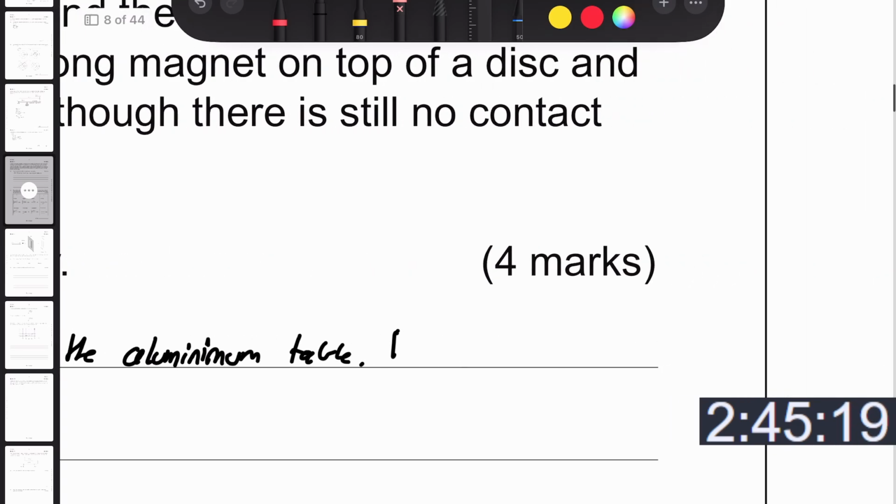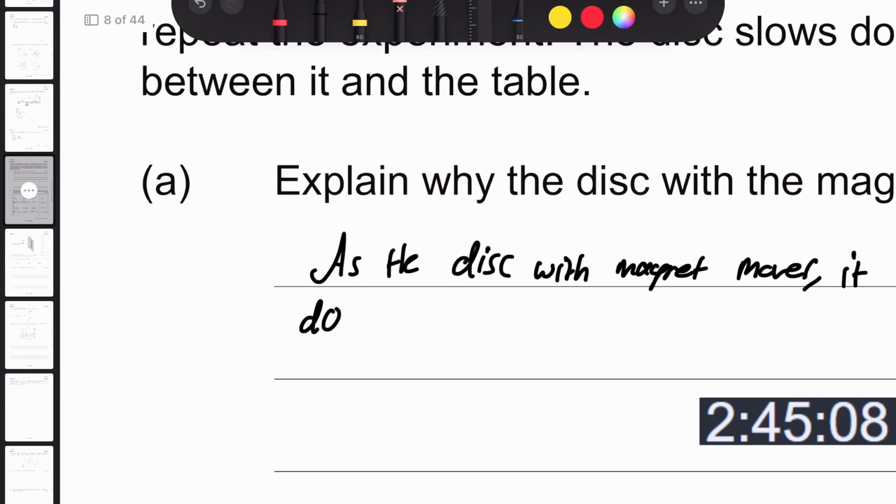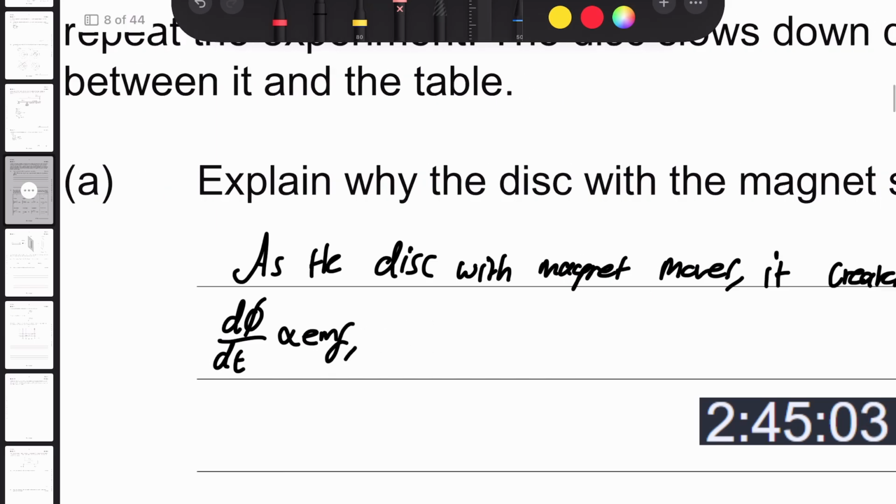And then we can say by Faraday's law, dphi/dt equals the EMF.